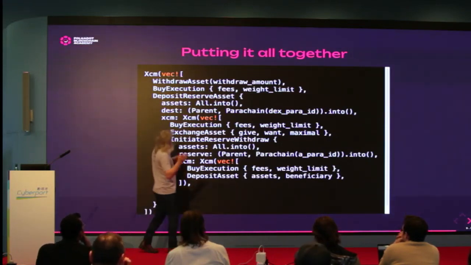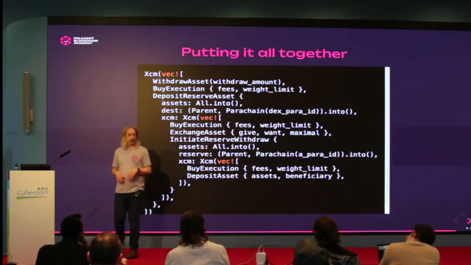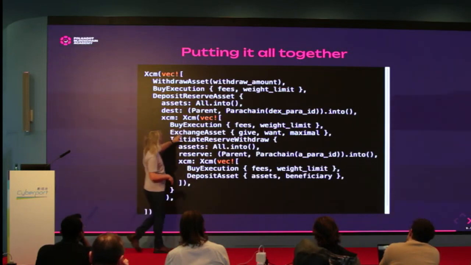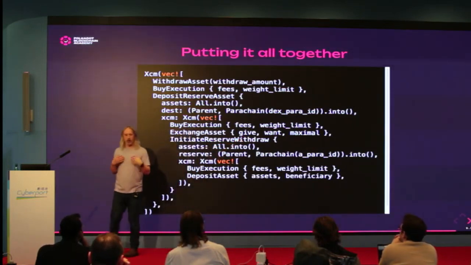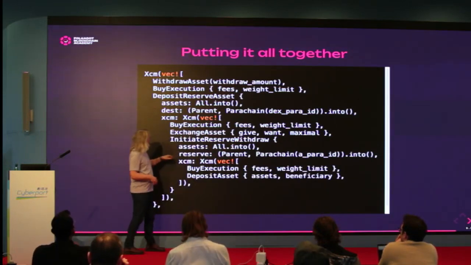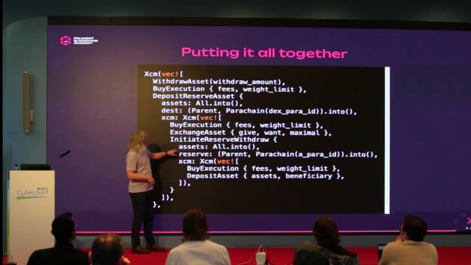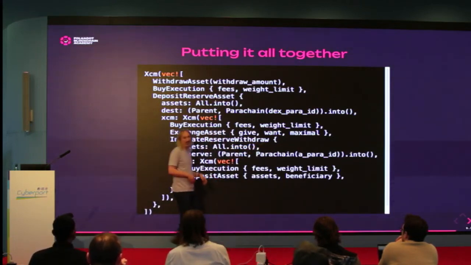If it makes more sense to you, just exchange the word reserve for wrapped. Initiate wrapped withdrawal. We're withdrawing the wrapped assets, and we want to unwrap them. Indeed, in that terminology this would just be called unwrap assets.